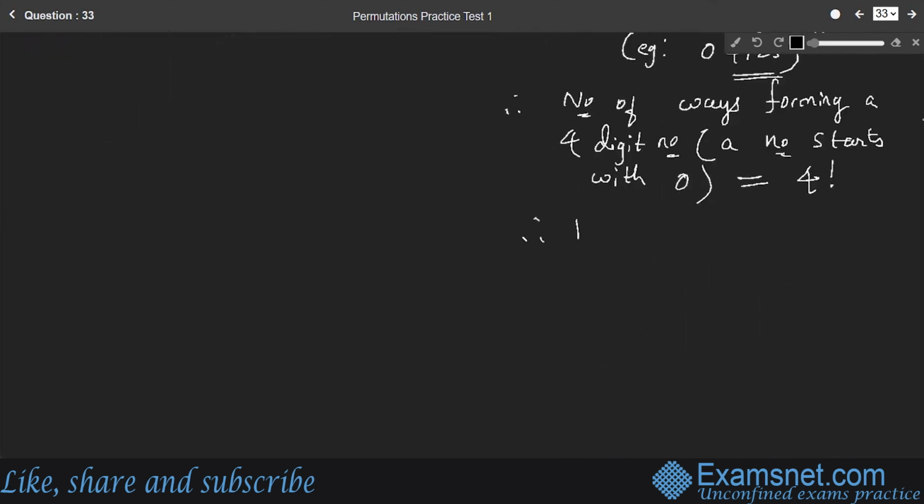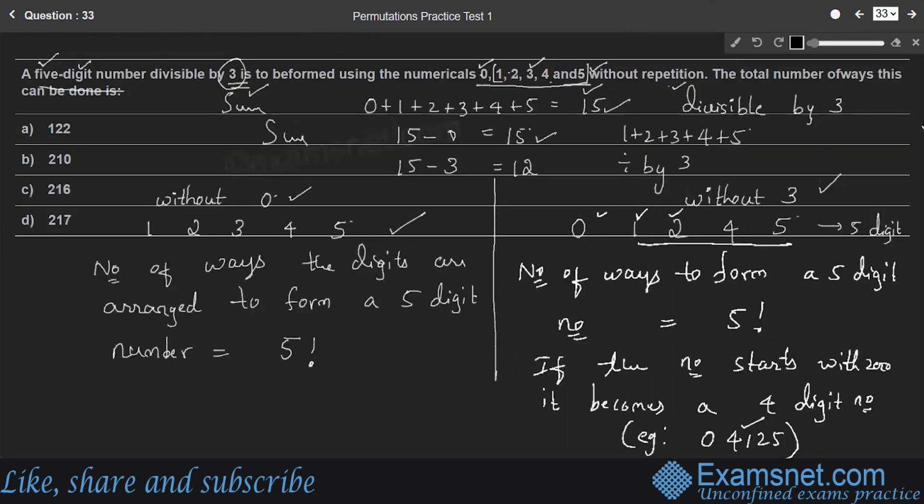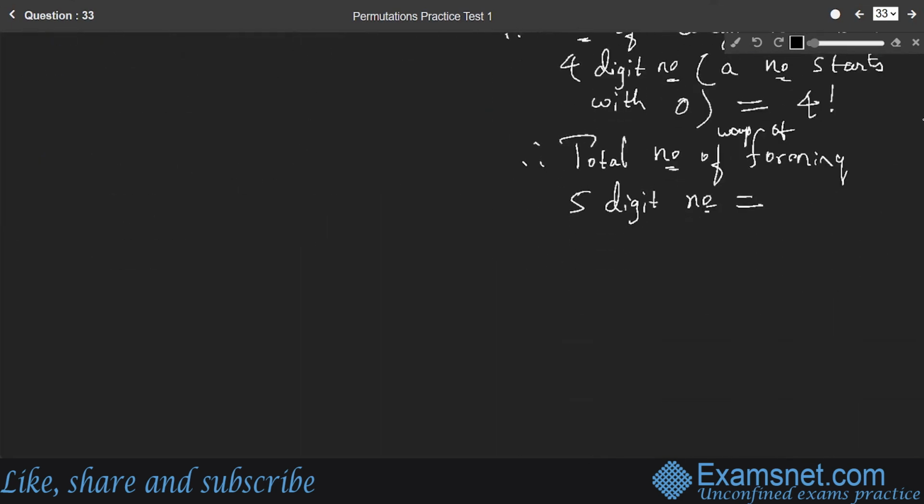Therefore, the total number of ways of forming a 5-digit number, using the numbers 0, 1, 2, 4 and 5, is equal to factorial 5 minus, in this particular case, 4 factorial ways you have to neglect, because these 4 factorial ways are ways of forming 4-digit numbers, those numbers that start with 0.